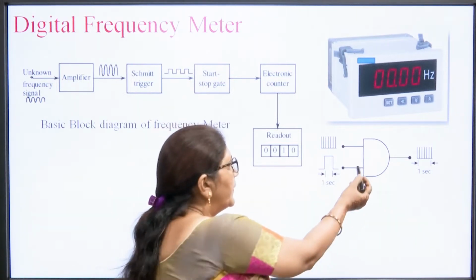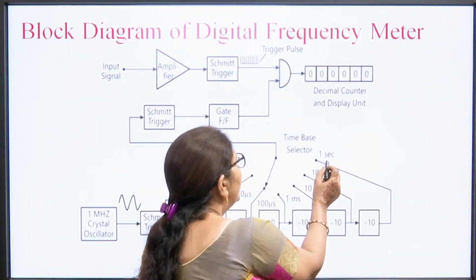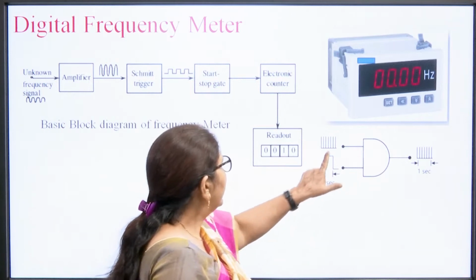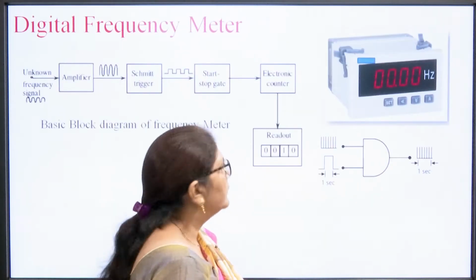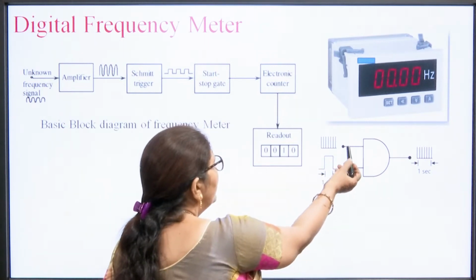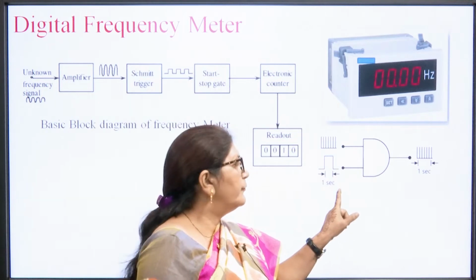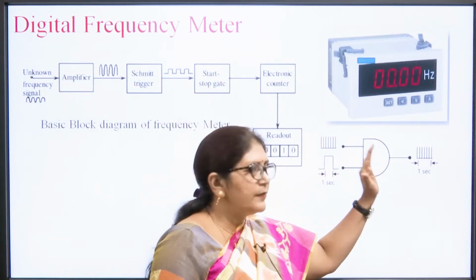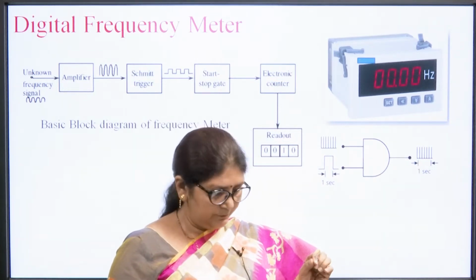The output will be 1 when both the terminals are at 1. So, in 1 second, whatever cycles pass through this AND gate will represent the frequency of the signal.